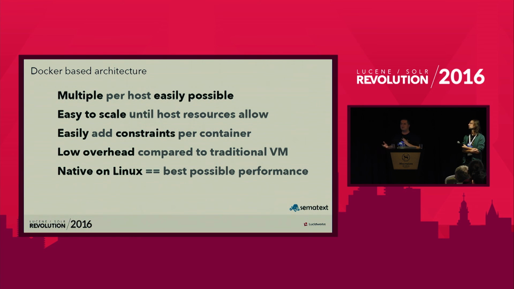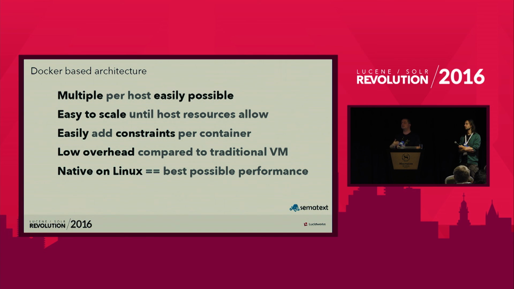Finally, there's something in between, the Docker architecture. Very easy to scale if you have the ability to scale, actually. So until resources allow, very easy, you're allowed to actually maximize your resources usage. Easy to add constraints per container, so you can limit the resources the container can actually use. Low overhead compared to a traditional virtual machine because of no guest operating system.